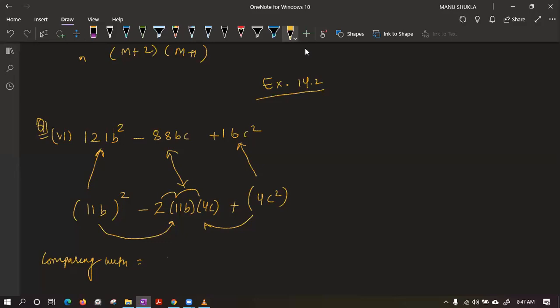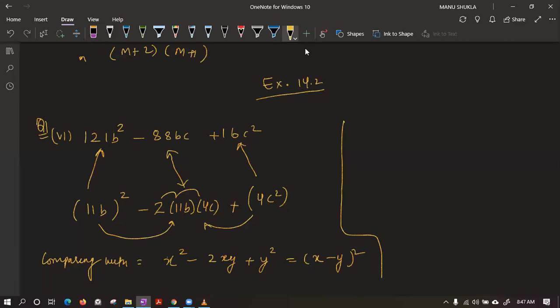As the question contains the variable b, it is advisable to write the formula in x and y. x square minus 2xy plus y square is equal to x minus y whole square. I have told you, if your question contains variables like your formula, it is better to change the formula to some different variables to reduce the confusion.